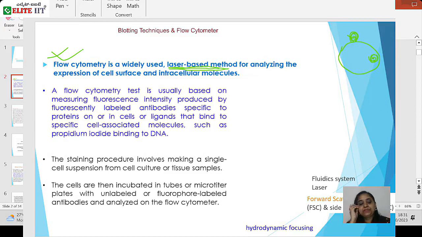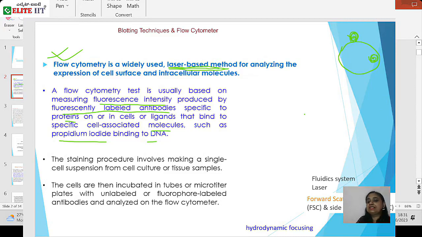Now see, this is usually based on measuring fluorescent intensity. We generally measure the fluorescence intensity produced by fluorescent-labeled antibodies specific to proteins on or inside the cell, or ligands that bind to specific cell-associated molecules, like propidium iodide binding to DNA. Whatever a lot of things are given here, you don't have to focus on that.